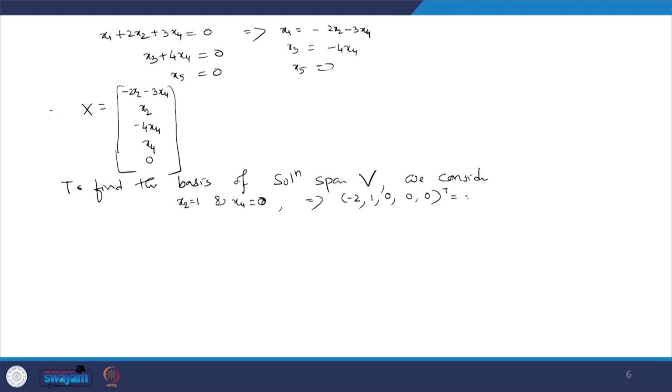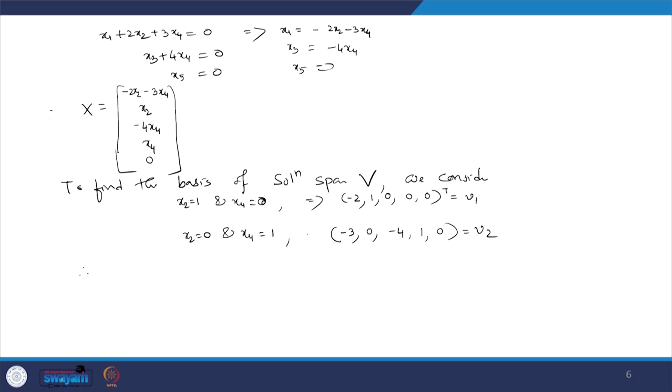Let me call this small v1. Now again, putting x2 equal to 0 and x4 equal to 1, this will give me minus 3, 0, minus 4, 1 and 0. Let me write this as V2.